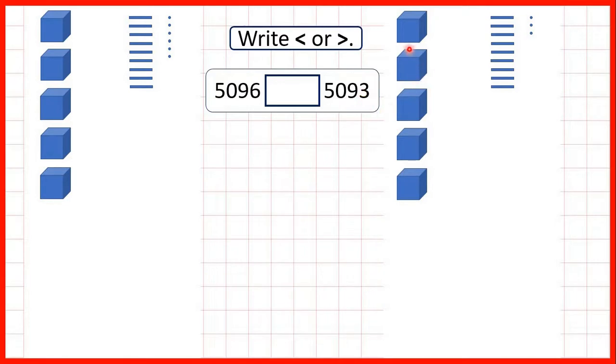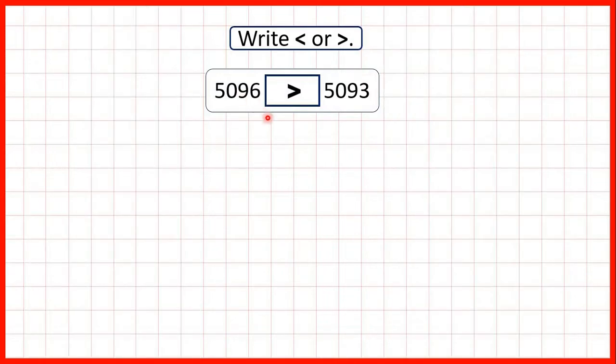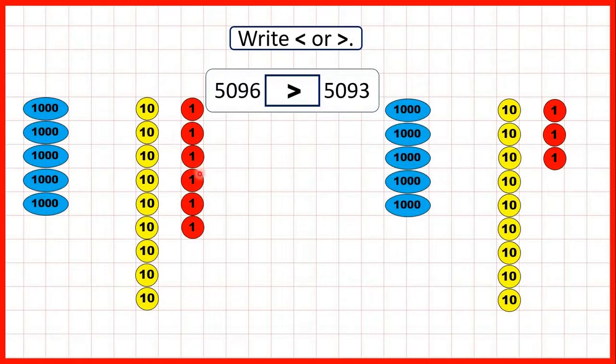So because both numbers had 5 thousands, 0 hundreds and 9 tens, we looked all the way across to the ones, and we could see that this first number was larger because it had more ones. We can see, if we look at the place value counters, the only difference here is that this first number has 3 more ones.